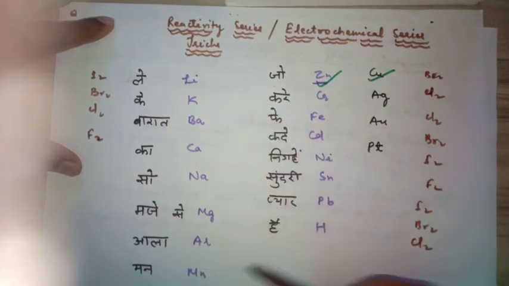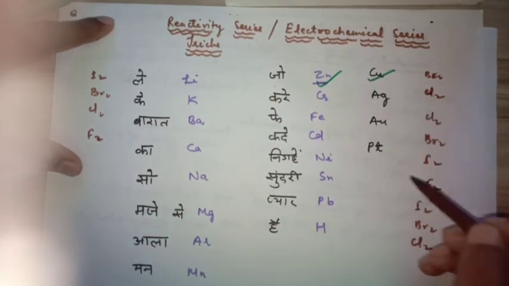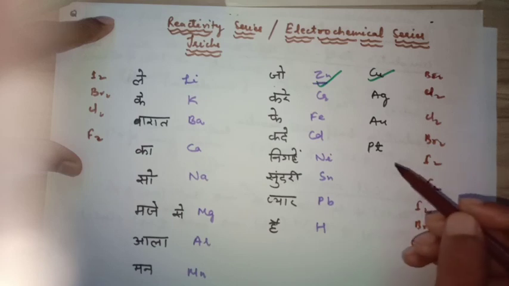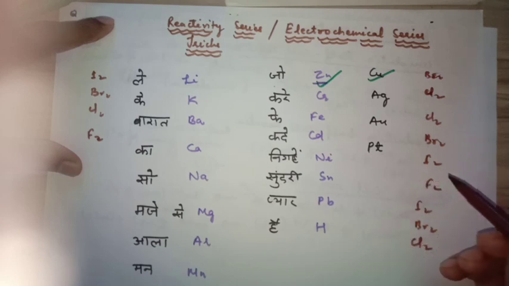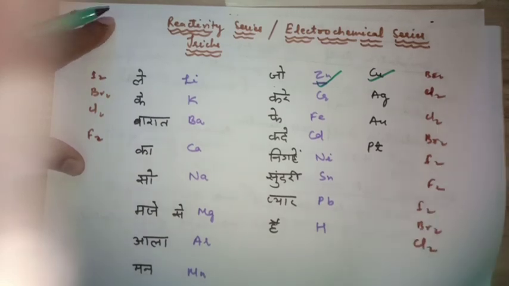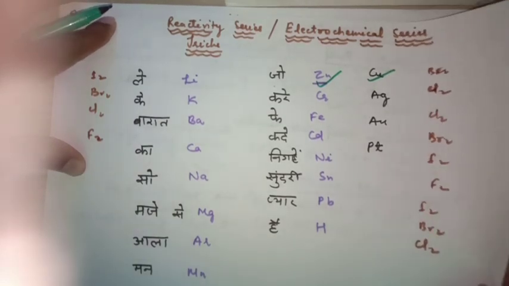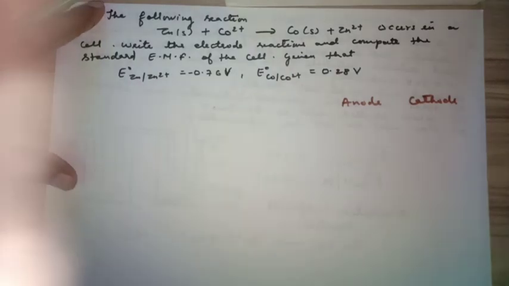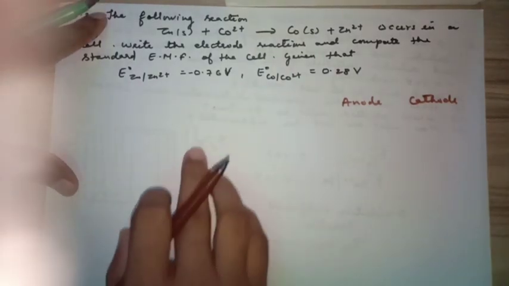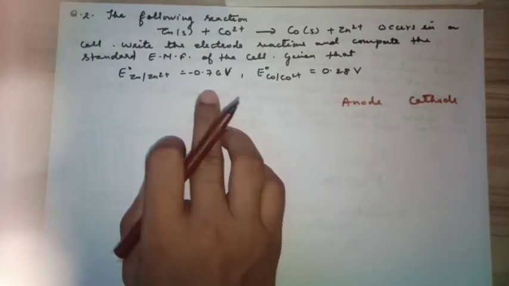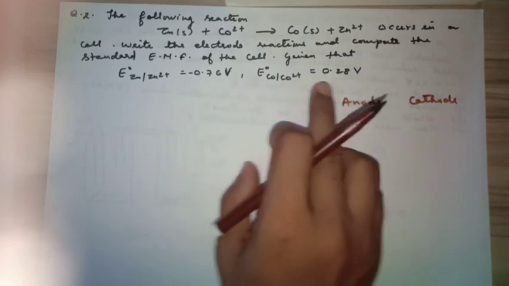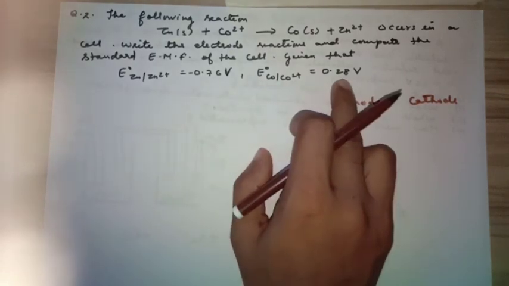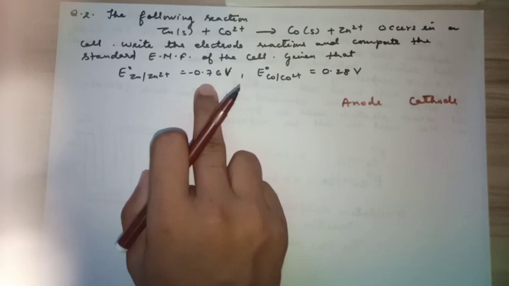Over here we see that zinc is above, so cobalt will come below, and zinc will come up, because we can see that it is positive in nature, so it will come above, and this is negative in nature, so it will come down.